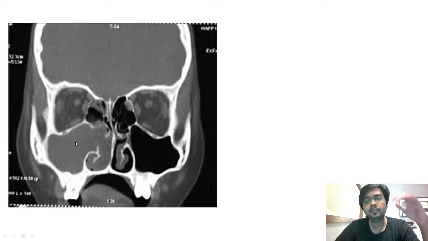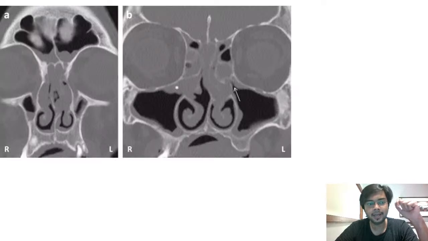So this is arising from the maxillary sinus, most probably an antrochoanal polyp. Okay, and if you see this picture here, the maxillary sinuses are clear. The ethmoidal air cells have opacity. So black denotes air in CT scan. So here you can see mucosal thickening or polyp in the ethmoidal air cells.